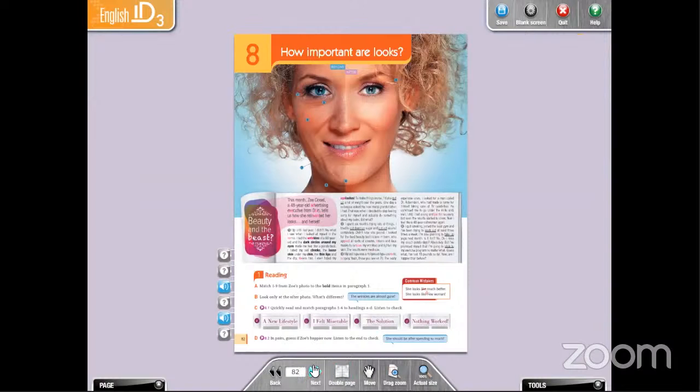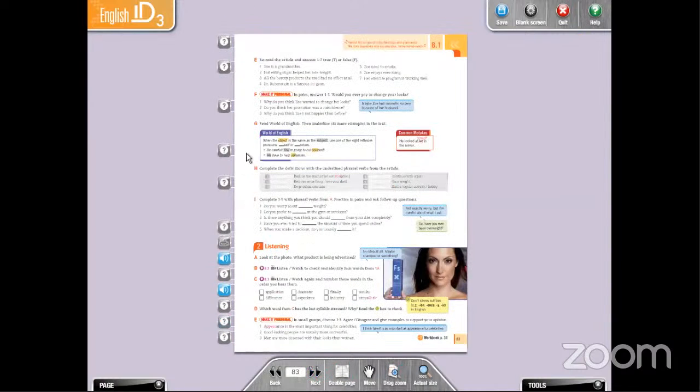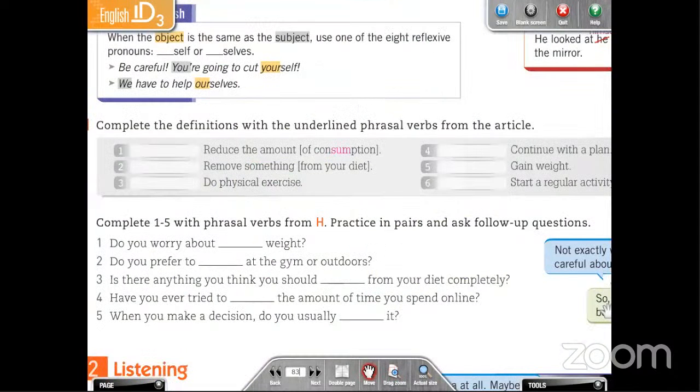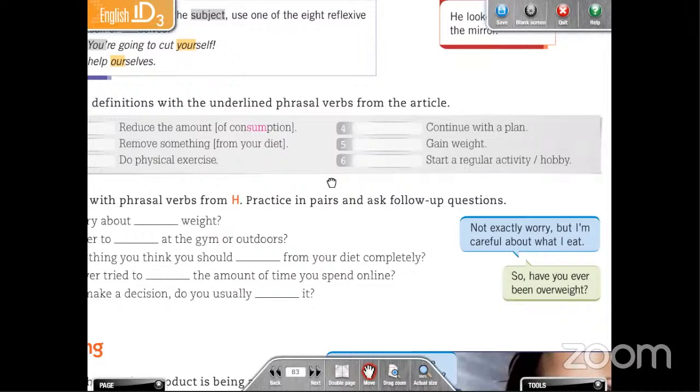Okay, number 2 says, remove something from your diet, for example. Cut out. Cut out. Yes, that's it. Cut out. Do physical exercise. This is really easy. Work out. Work out. Very good. Then we have continue with a plan.